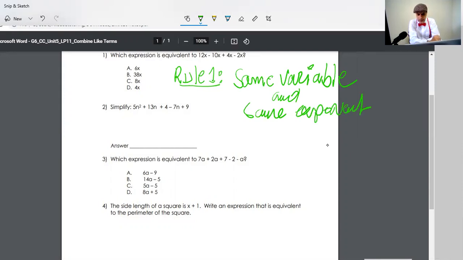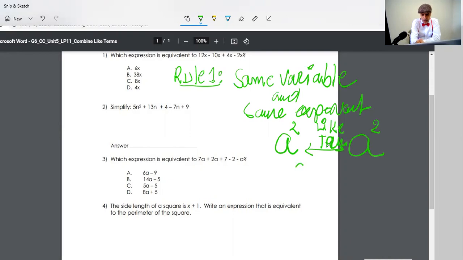Same variable and the same exponent, I can group them together. I can combine them together. I'll give you an example. A with an exponent of 2 can be combined with another A with an exponent of 2. So this here, I can combine them together because they are like each other, like terms, okay?